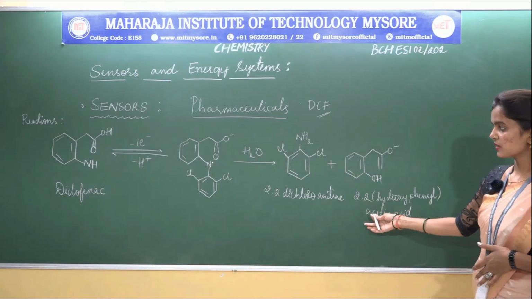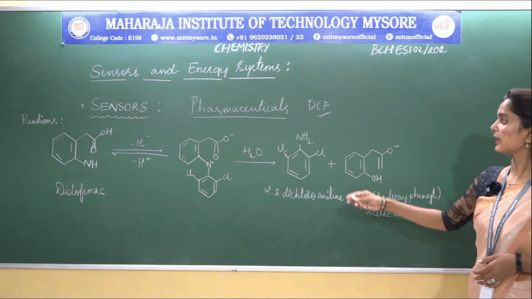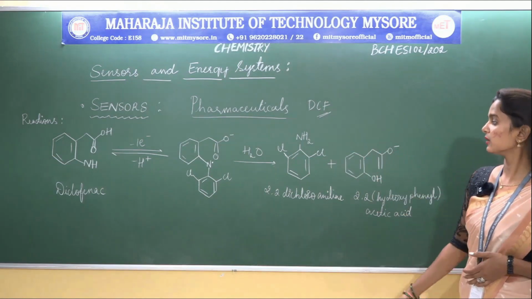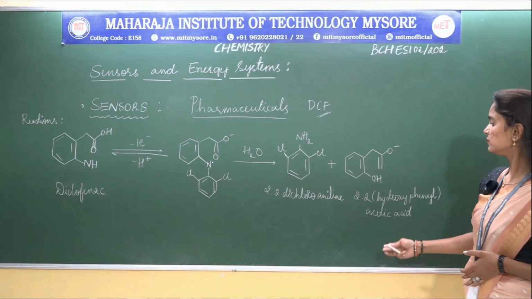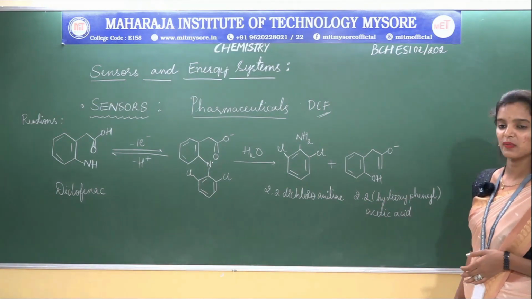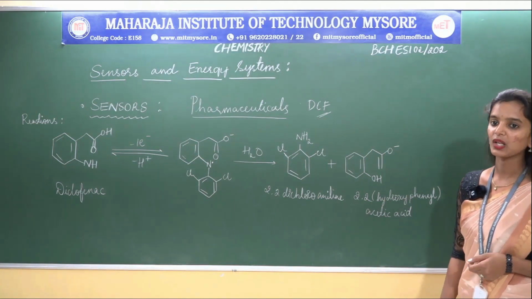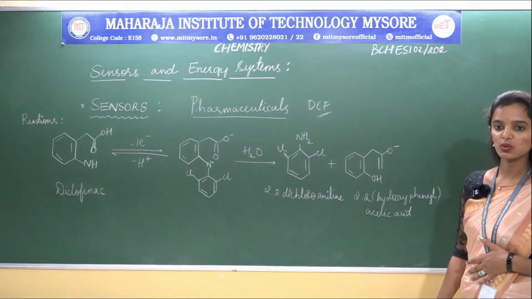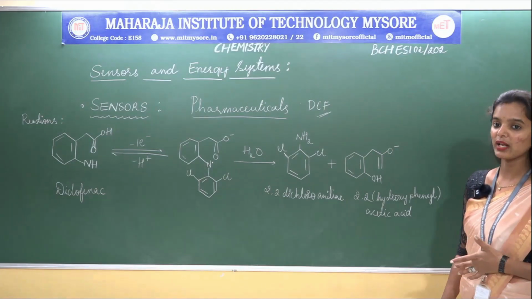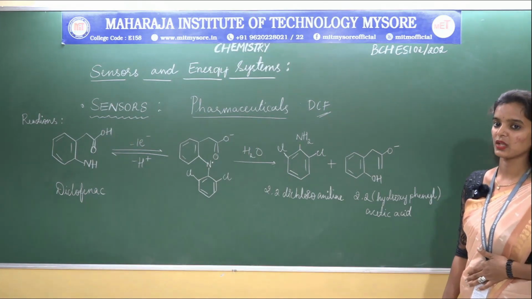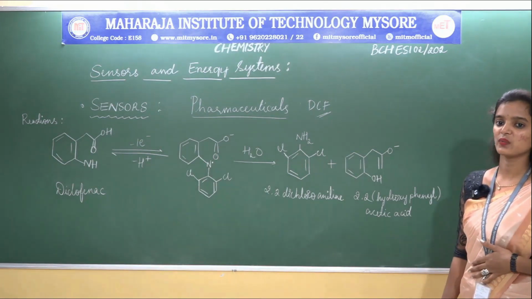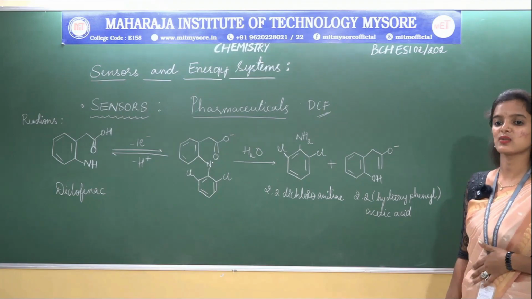So this is the reaction of diclofenac forming 2,6-dichloroaniline as well as 2,2-dihydroxyphenyl acetic acid. This is about detection of the pharmaceutical diclofenac using an electrochemical sensor, using a three-electrode system with working, counter, as well as reference electrodes.